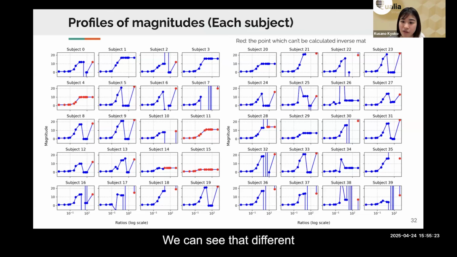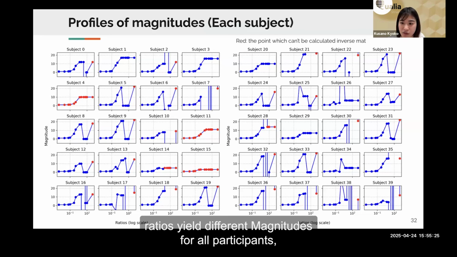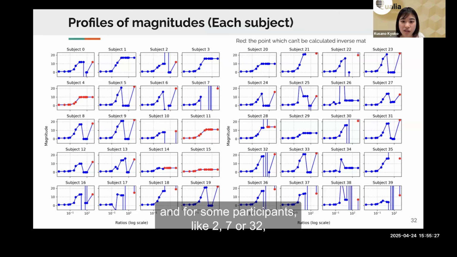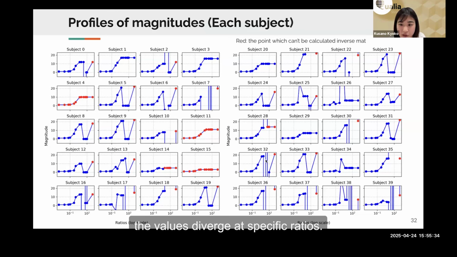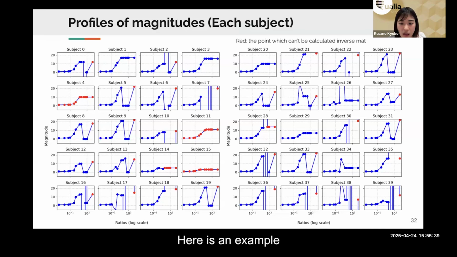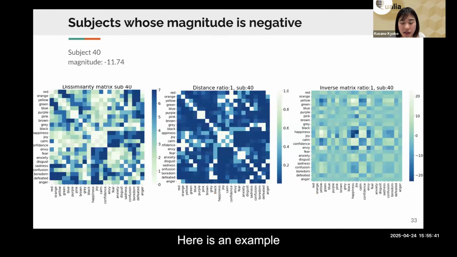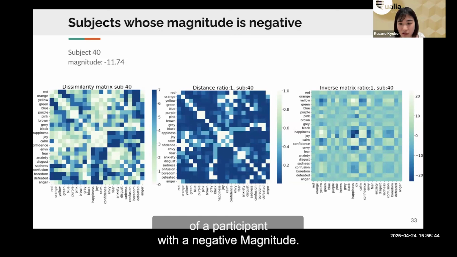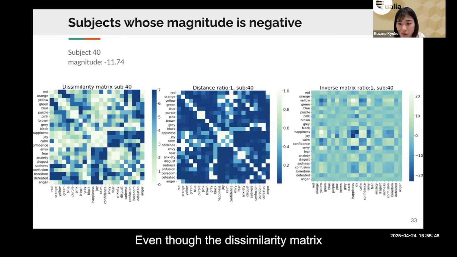We can see the different ratios yield different magnitudes for all participants, and for some participants, like 2 and 7 and 32, the values diverge at specific ratios. And here is an example of a participant with negative magnitude. Even though the dissimilarity matrix does not contain extreme values, like answers using only 0 or 7, the magnitude becomes negative.